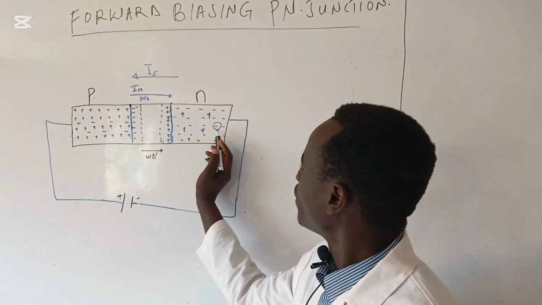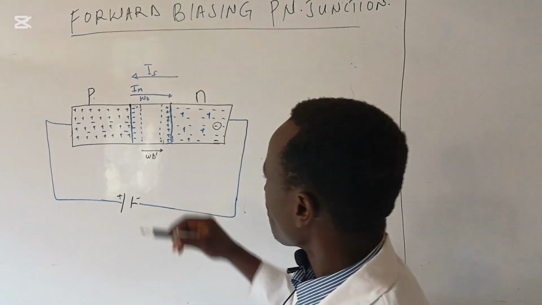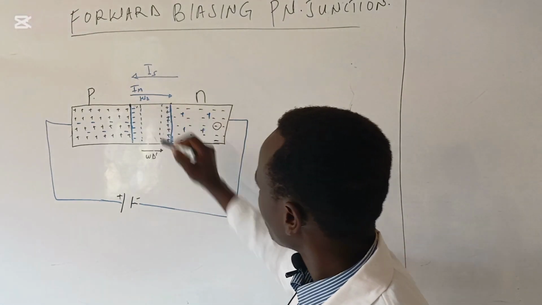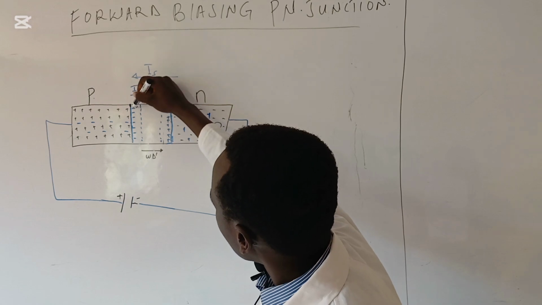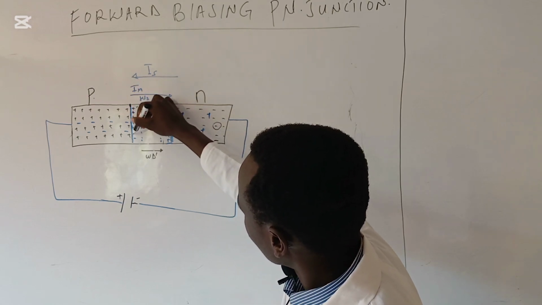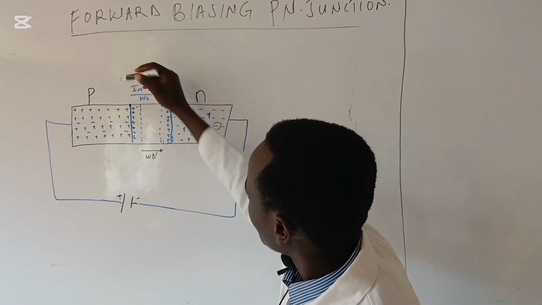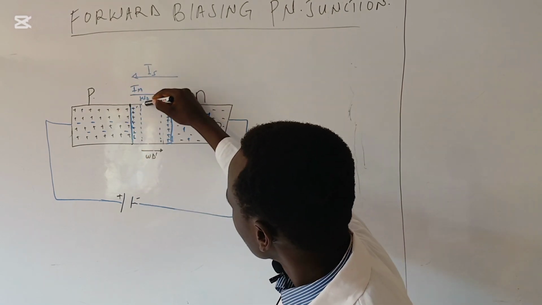These electrons and holes move towards the junction, making the potential barrier smaller. The positive ions combine with the negative ions. Now, the potential barrier shifts from this position to this position. This is the new potential barrier.